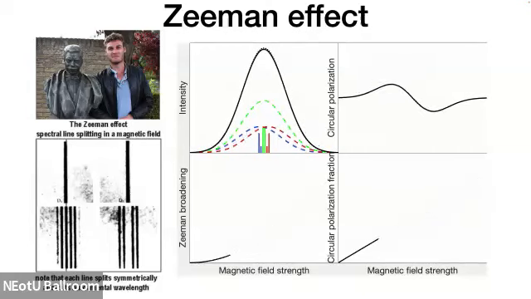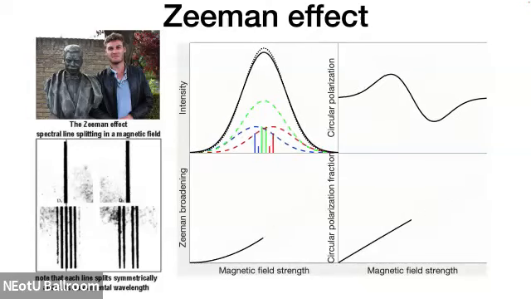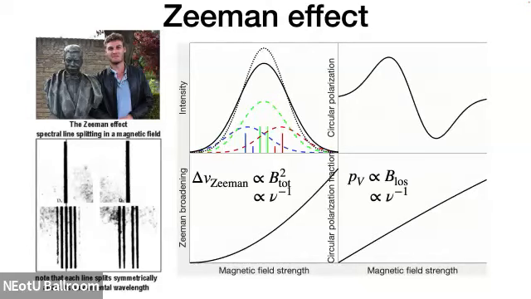And the broadening of the line is quadratically proportional to the magnetic field strength, while the circular polarization is linearly proportional. This is an interesting fact, as you cannot trace, for instance, a turbulent component of the magnetic field with the circular polarization, whereas you can with the broadening.